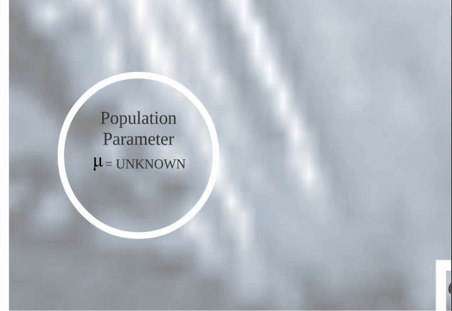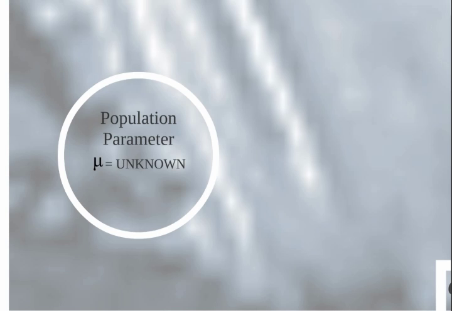So first, let's talk about confidence intervals and conceptually what they mean. Say we have a population parameter, or population mean, and we don't know what that mean is, right? As you can imagine, oftentimes this is true in the social sciences. There are very few times where we actually have the population mean.